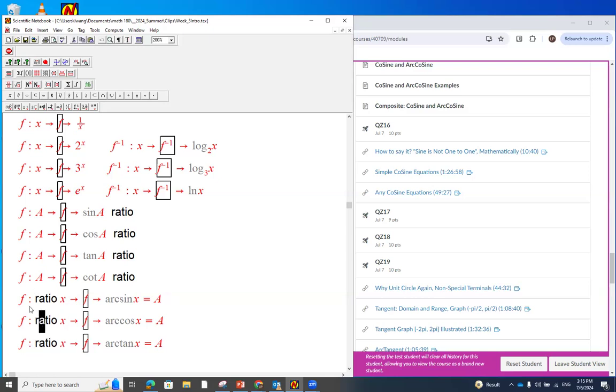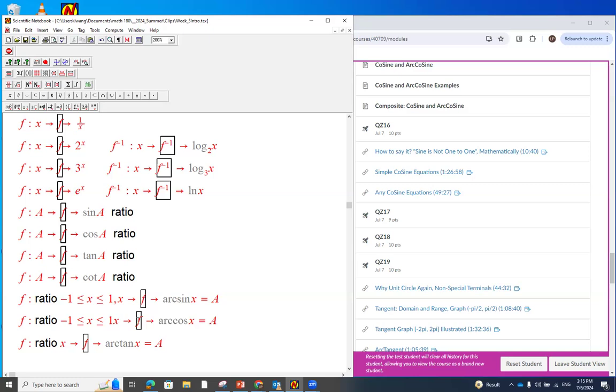For example, the domain for arcsine is between -1 and +1, so this ratio is between -1 and +1. You have learned that in the lessons.